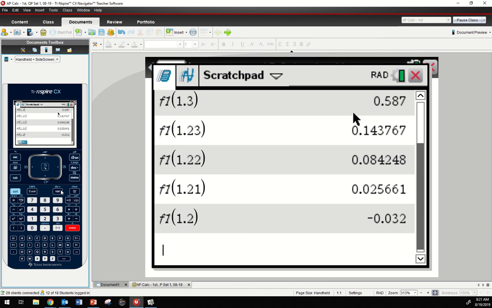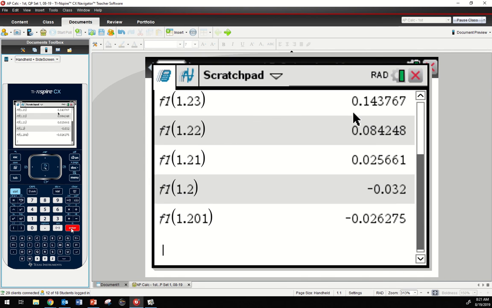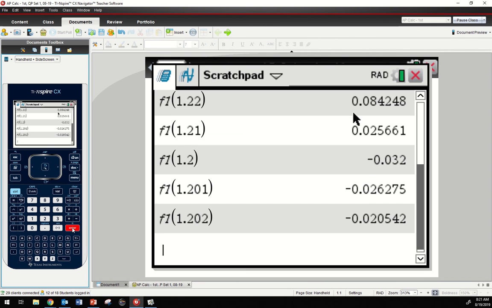All right, so let's see. 1.201. That's a negative. Let's see. So let's do another one. 1.202. Uh-oh. Crap. 1.203.